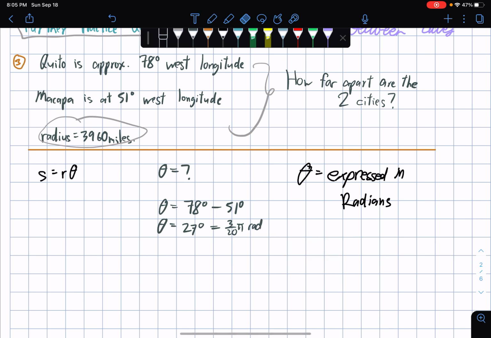With that in mind, S is equal to radius, which is 3,960 miles, times theta, which is 3 pi over 20 rad. Our answer for S is equal to 594 pi miles apart. Or hang on, let's modify our answer. It's not always that.